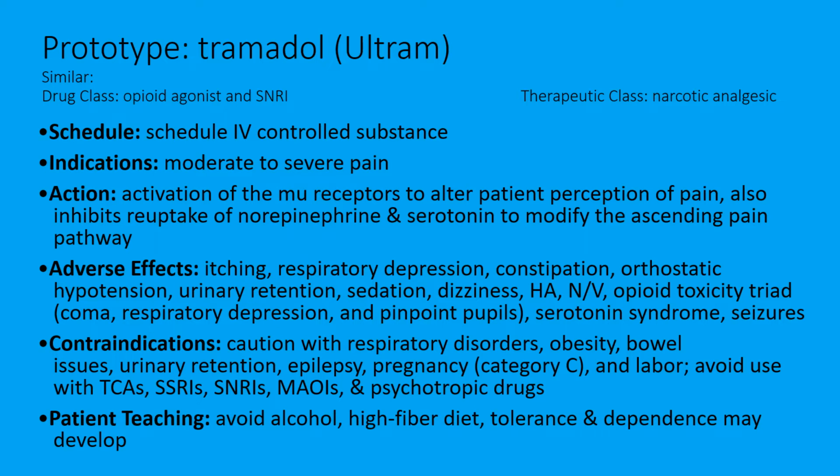And we can use the reversal agent called naloxone. Okay. Notice under adverse effects, serotonin syndrome. So that's where that weird secondary action is taking place, that it's a norepinephrine and serotonin reuptake inhibitor. Okay, and that's why it can also cause seizures, because of this secondary action that it has. So it's a messy drug. Okay.